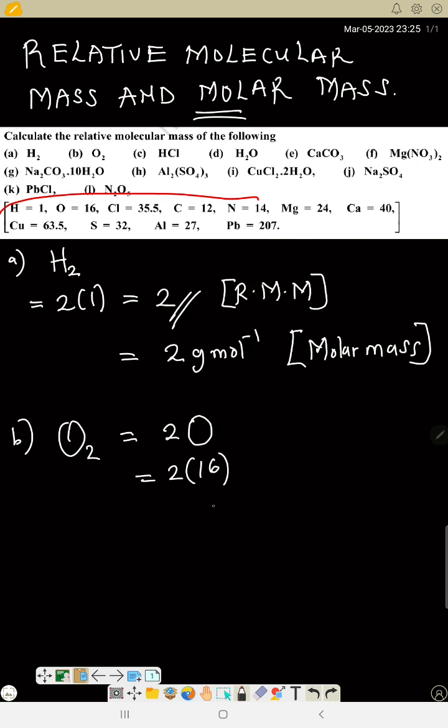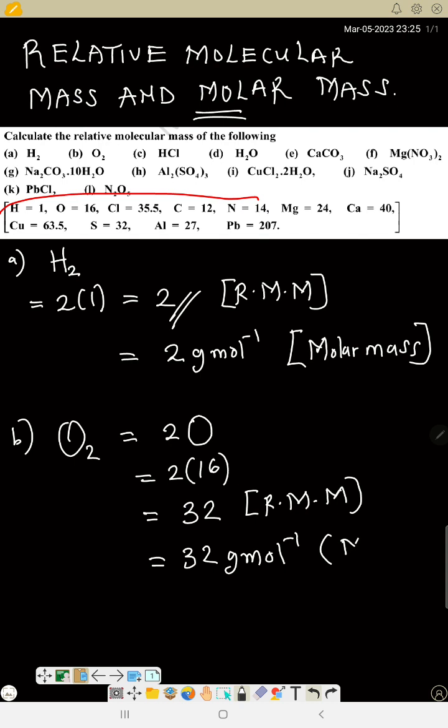So 2 times 16 is 32. This is the relative molecular mass. If I put units now, gram per mole, it is now molar mass. Molar mass is the relative molecular mass expressed in gram per mole.